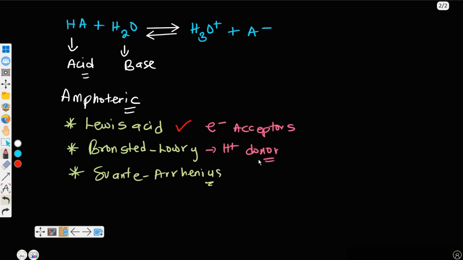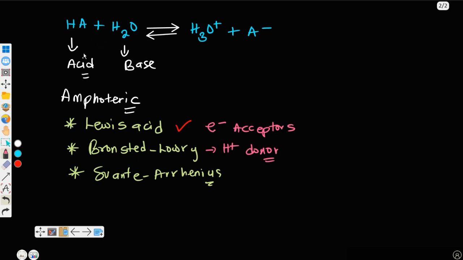So anything that is capable of donating a proton is said to be a Brønsted-Lowry acid, whilst anything that is receiving that proton will become a Brønsted-Lowry base.